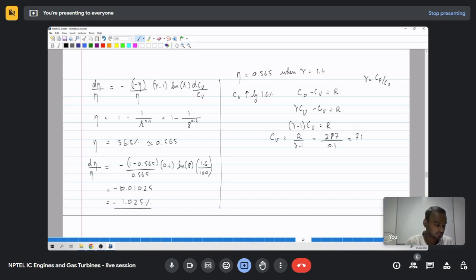Yeah, 717.5. Now if CV increases by 1.6%, then CV prime will be 1.016 into 717.5, and that would be 728.98 joule per kg Kelvin.